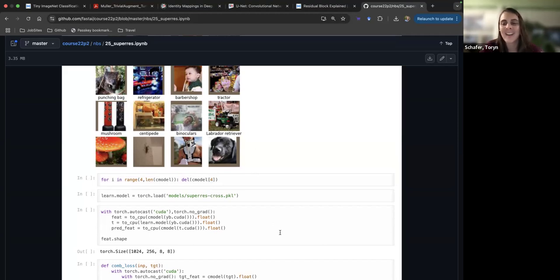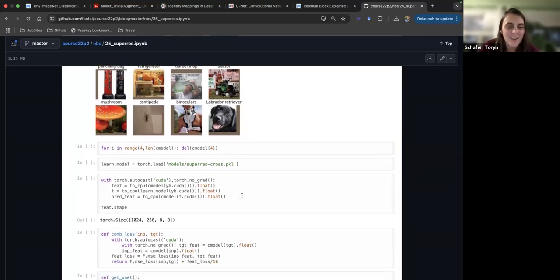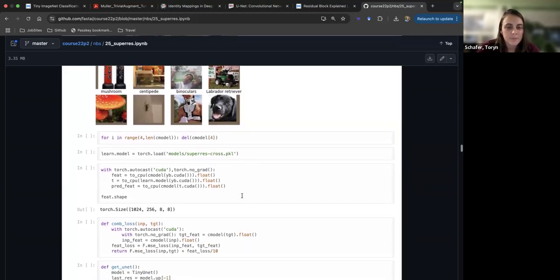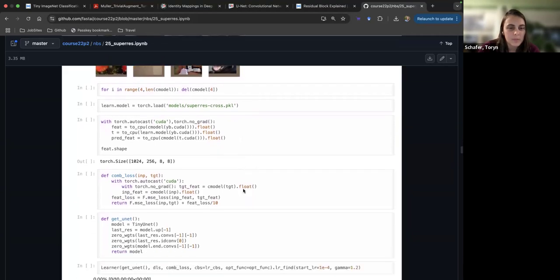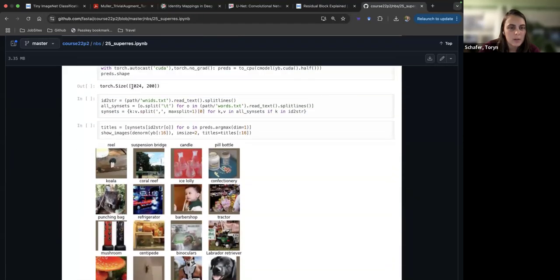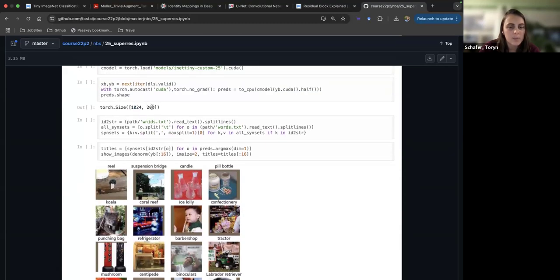So it's just going to keep deleting that position. And so here we have this 1024, which sort of matches this. So here if we have 200 predicted labels, or 200.